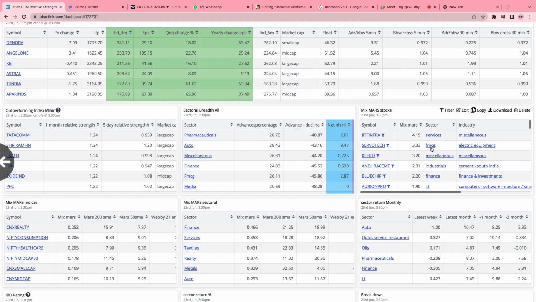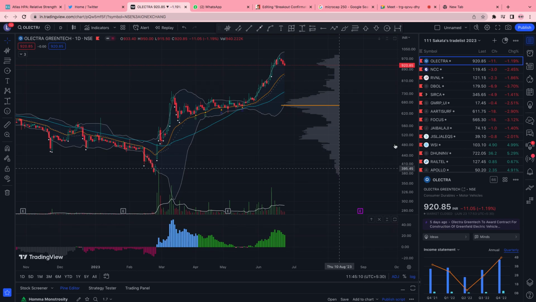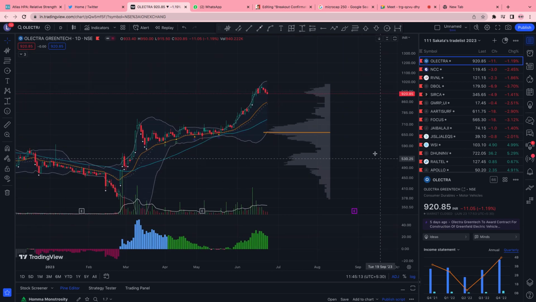So in Mars, what you do is you plot the difference between. I'll show you here. In case of Olectra, how you see Mars is you just calculate where the close price is with respect to the key moving average. So in this case 50.